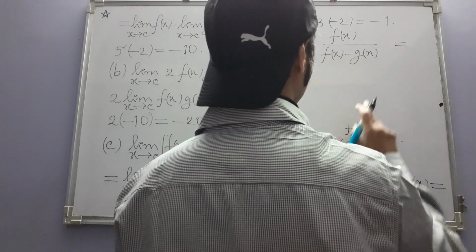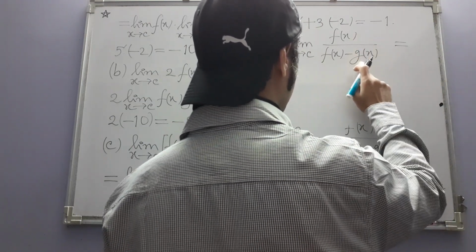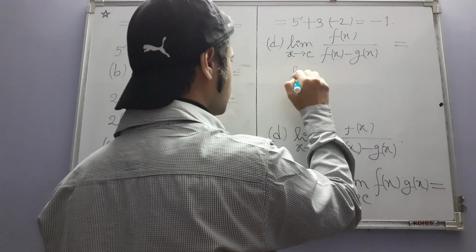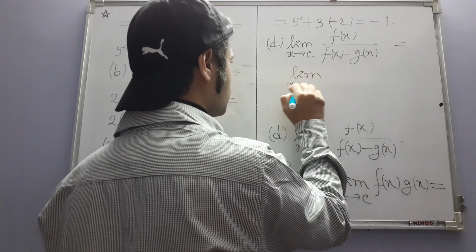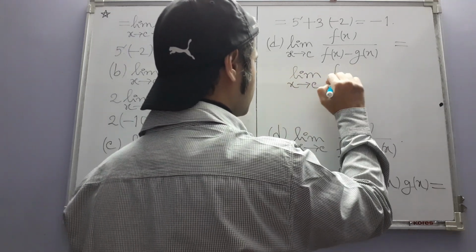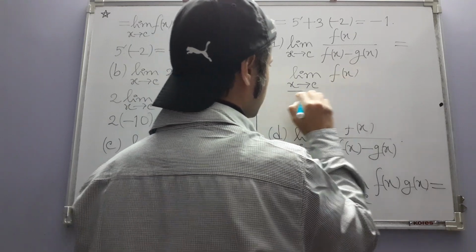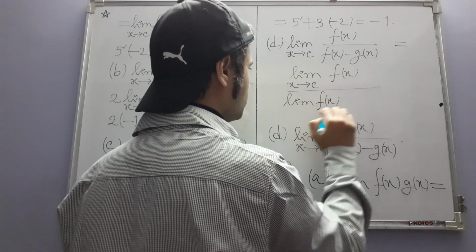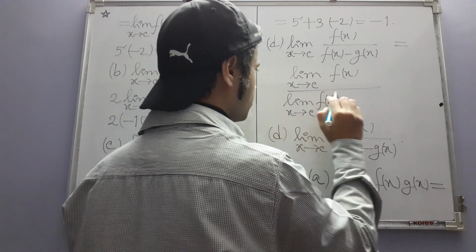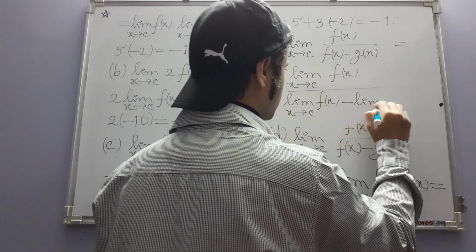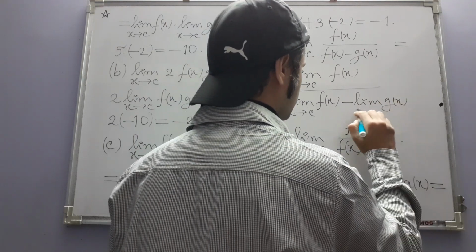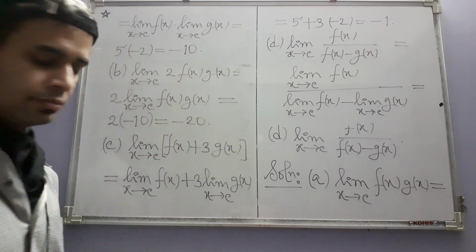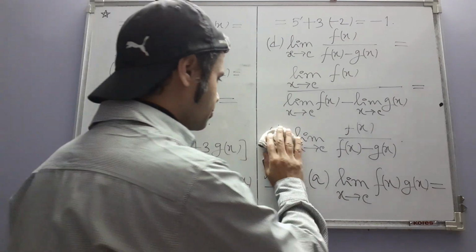So that's what I mean when I say simultaneously using this and that. So here, simultaneously using the quotient rule and the difference rule, this limit equals, and now you just have to put the values.